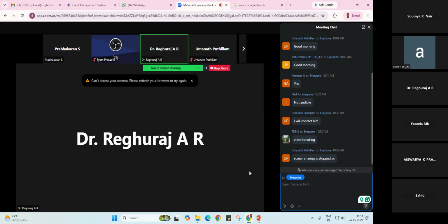Yes, we have machines, sir, but that machine is not in my control. We have a metallurgy department. They have the SLM machine. Maybe you can approach them; they may help you to print bio implants. Or else you can approach IIT Palakkad or IIT Chennai for printing the bio implant.